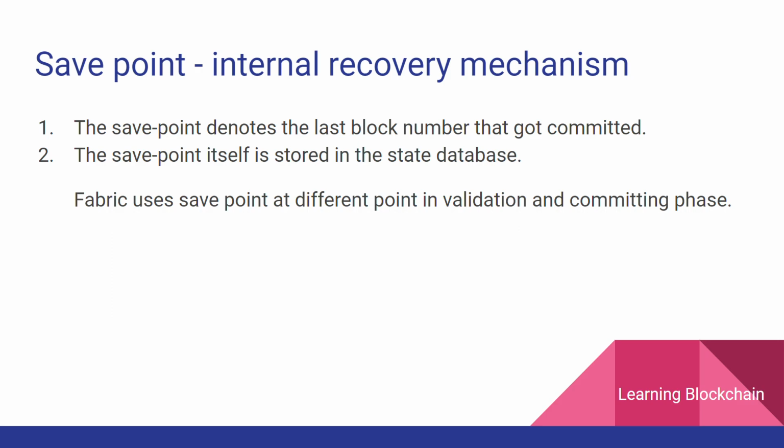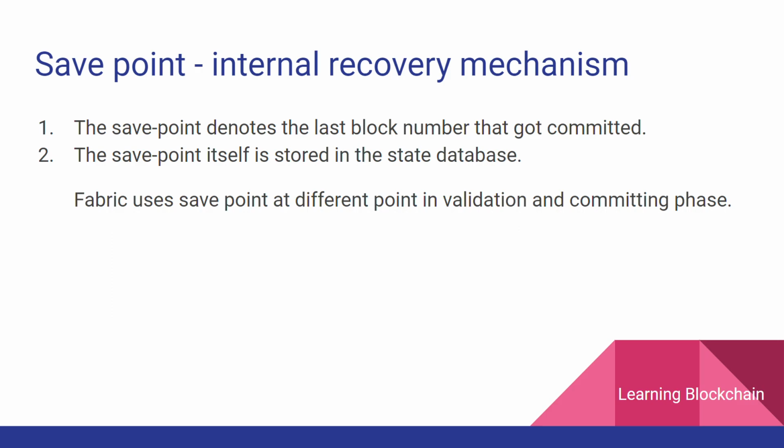Whenever the peer restarts after a crash, it takes from that particular point up to which it has saved its data, and after that it fetches the relevant information from other peers and rebuilds itself to be up to date with all the other peers of the same organization.